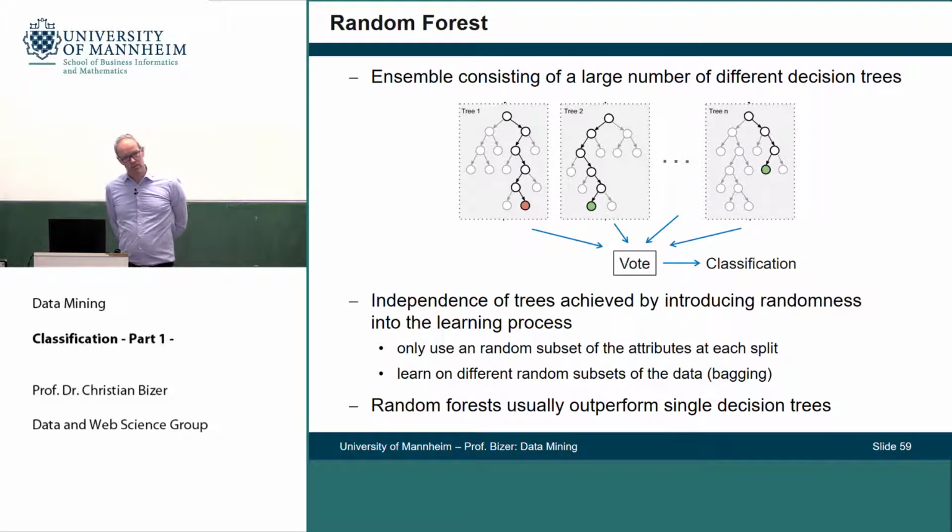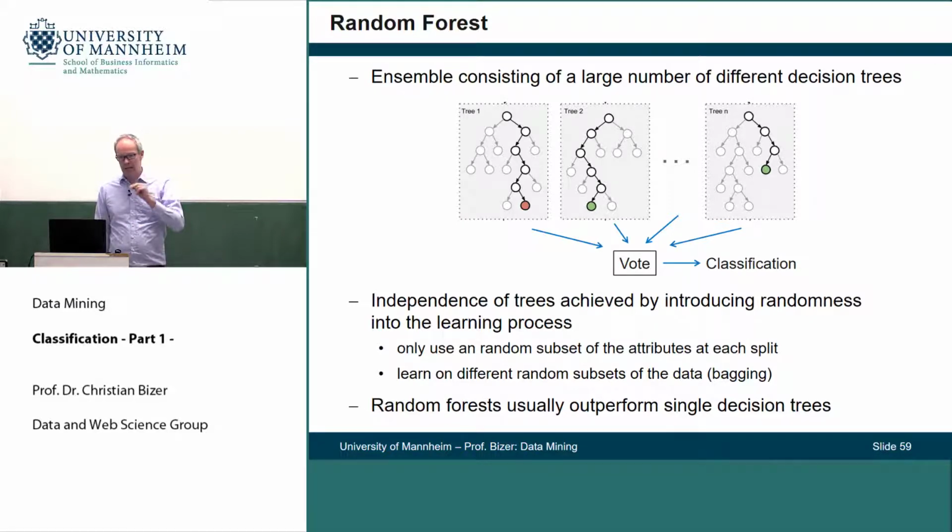We have them vote for the final decision, and the interesting or a bit surprising aspect is that we don't learn all these decision trees from all the training data that we have, but we randomly remove parts of the training data for learning specific trees. So basically, at each node, at each decision for a random forest, we don't check all possible splits, all attributes, but we randomly remove some attributes.